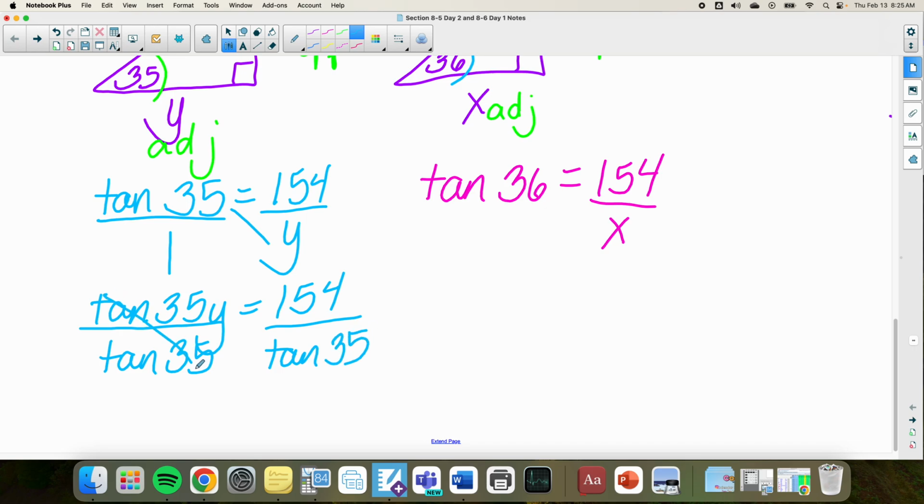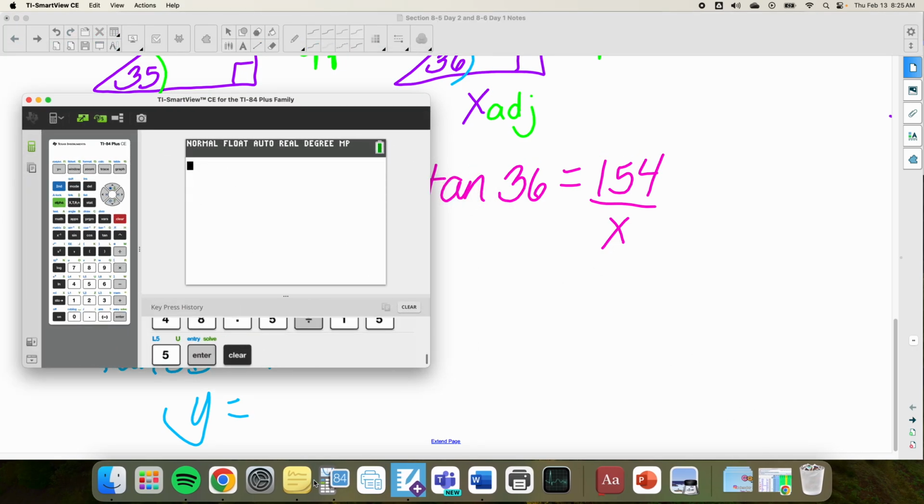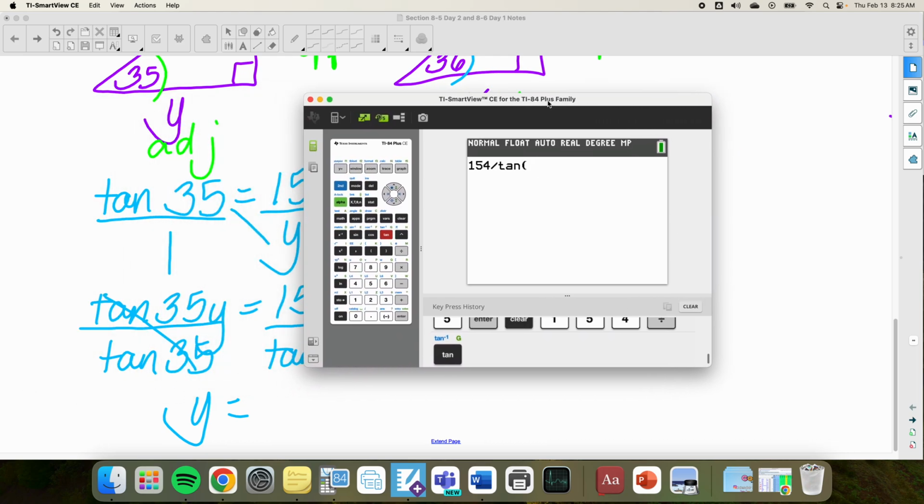Okay. And y would equal, so if we look at our calculators, this is 154 divided by tangent 35. And that is 219.93.